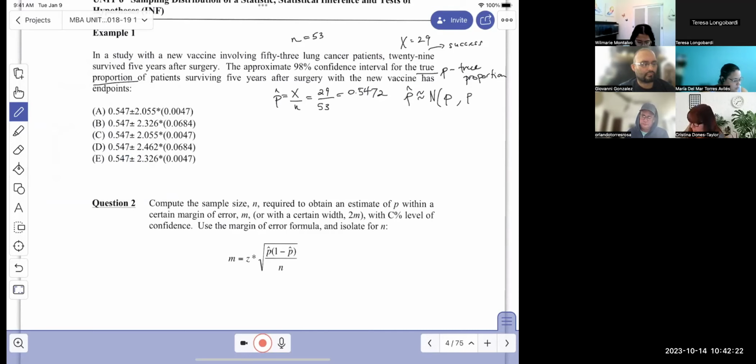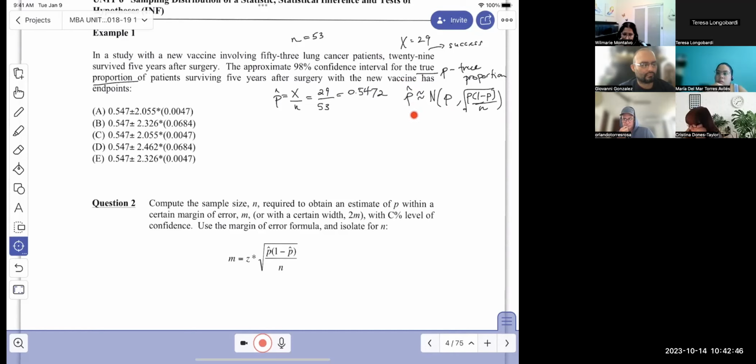It is the square root of p(1 minus p)/n. So if we knew P, then we could take, okay, so this is the distribution of P hat, right?